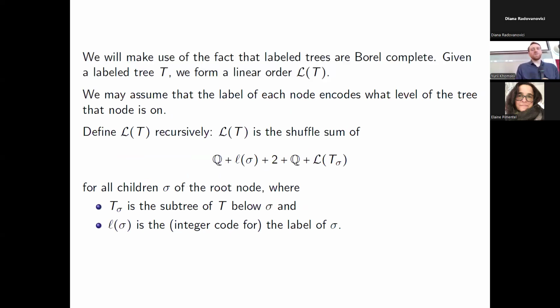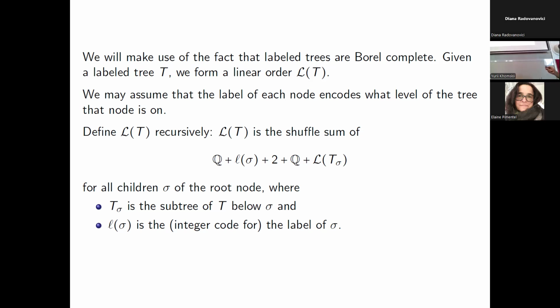Basically, the idea is that we're going to take the tree, and we're going to define for each subtree a linear order. And then we're going to shuffle those all together with little markers to say where they came from. So we're basically taking the tree and shuffling it into the linear order in a big way. Here, this is a little element that we're shuffling.